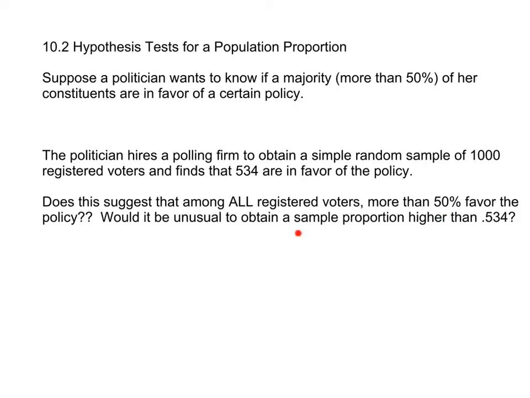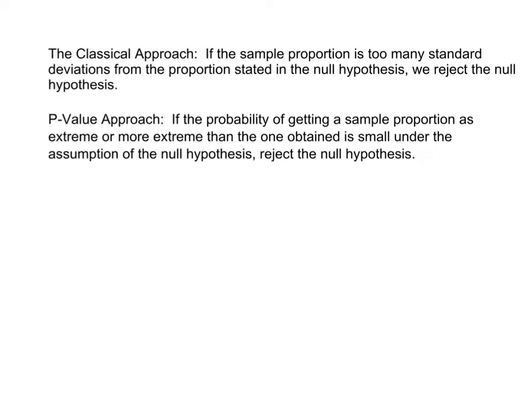This is the kind of statistical question we look at: would it be unusual to obtain a sample proportion higher than that 53%? That's the type of scenario that we will address in this section.